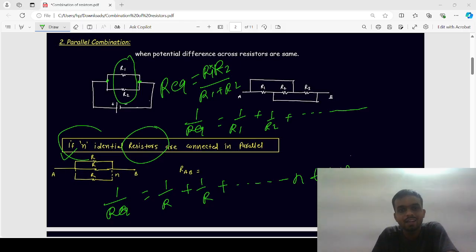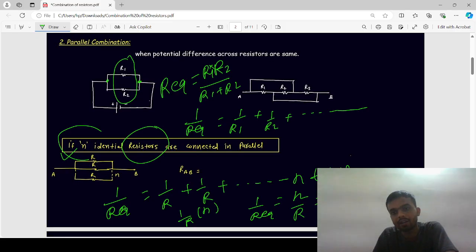So from here we can take 1 upon R common, then it will be 1 plus 1, n times, that means n. So 1 upon R equivalent will be nothing but n upon R. From here we get that R equivalent will be R upon n, correct? So we can write over here R equivalent will be nothing but R upon n.